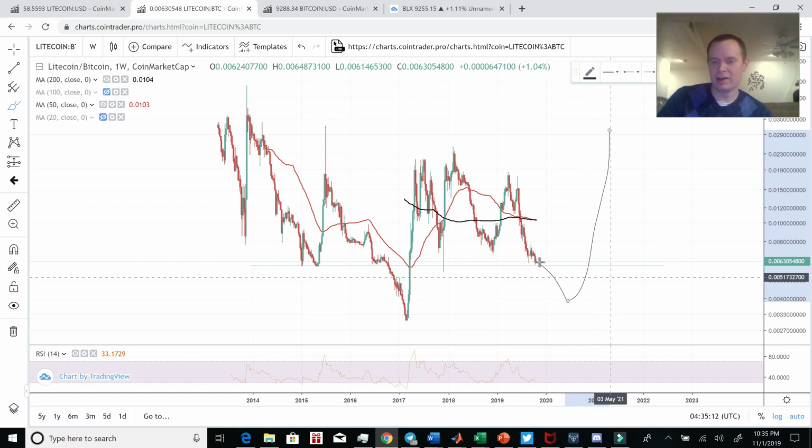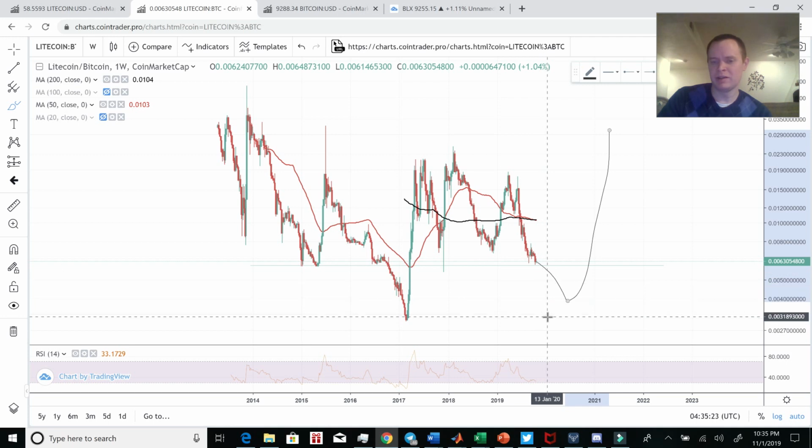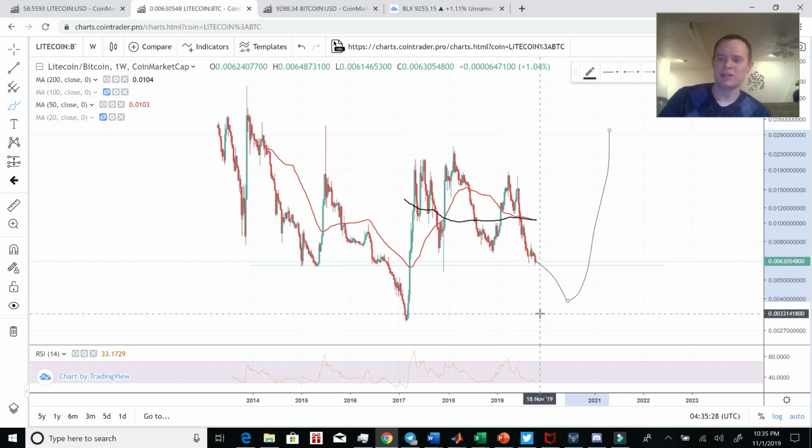So all that has to happen is, if you look at the price of Litecoin with respect to Bitcoin, we're at around, you can see, 0.006. If we were to drop down here, we'd be at 0.003. What does that mean? If Bitcoin reaches its previous all-time high of $20,000 and Litecoin's value stays the same with respect to the US dollar, it might not be doing anything.